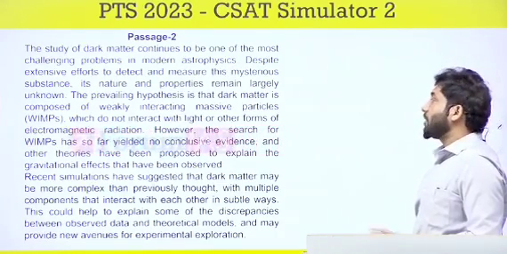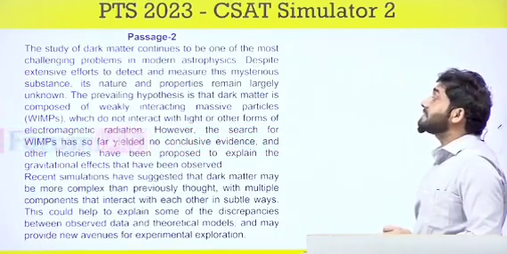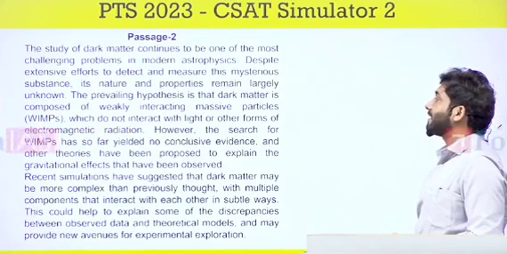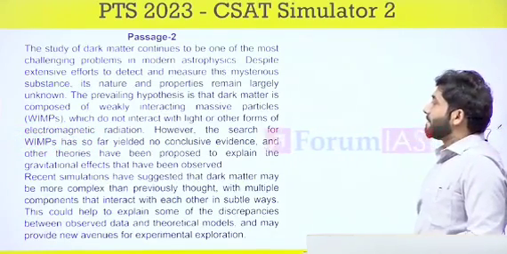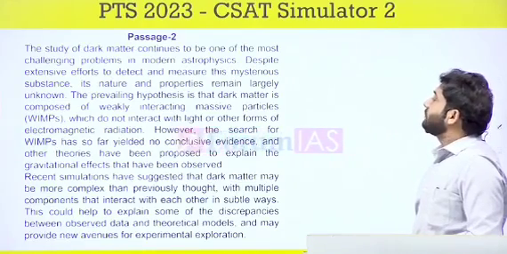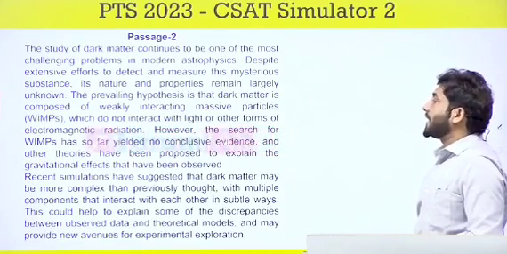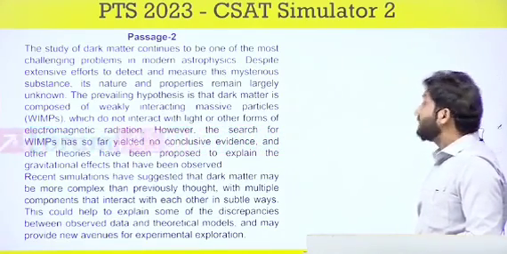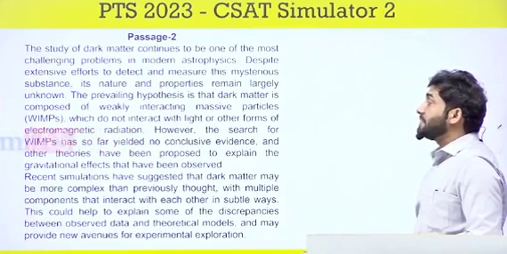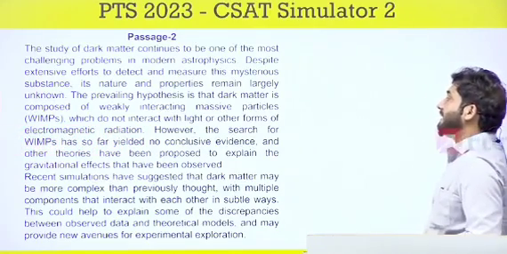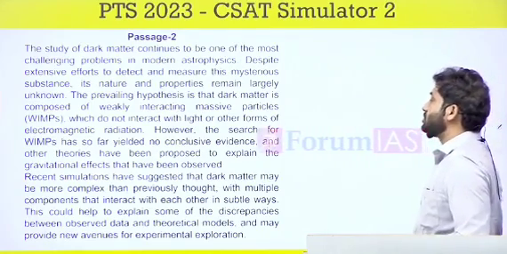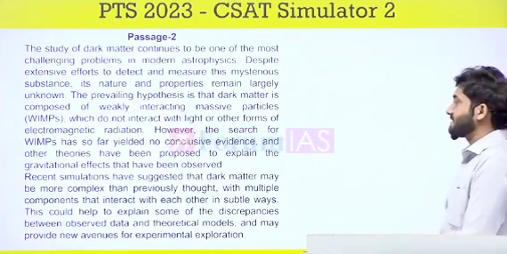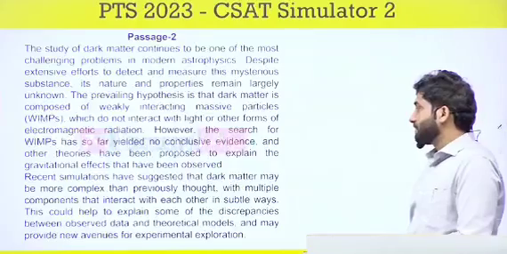The prevailing hypothesis is that dark matter is composed of weakly interacting massive particles, WIMPs, which do not interact with light or other forms of electromagnetic radiation. However, the search for WIMPs has so far yielded no conclusive evidence, and other theories have been proposed to explain the gravitational effects that have been observed.